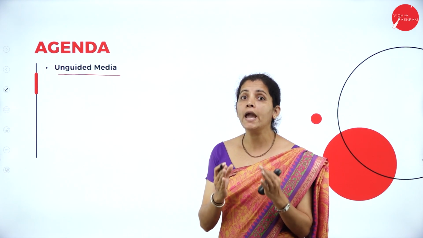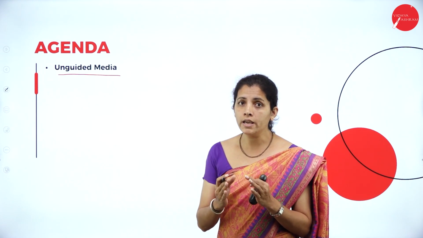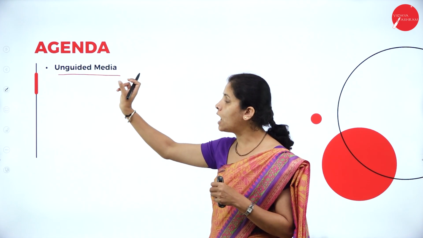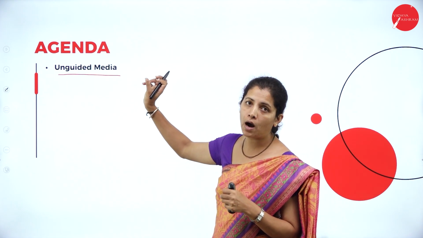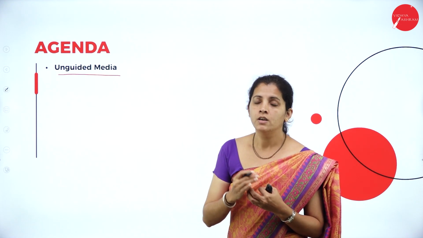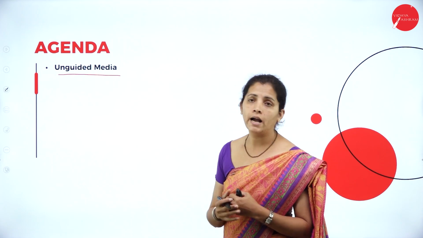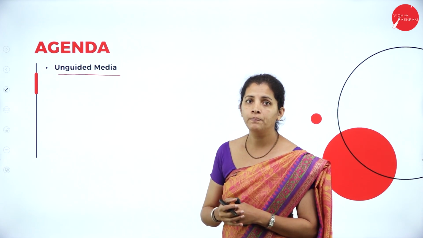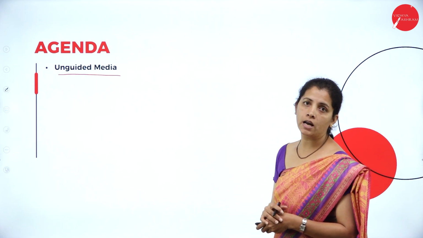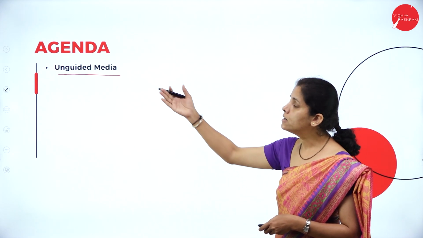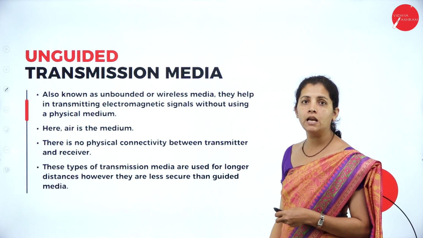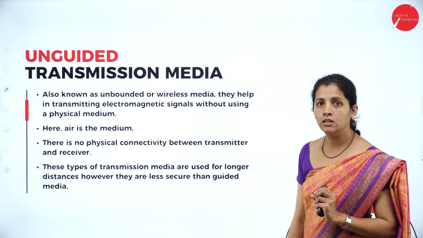Only through the air or through free space. For that reason, it is called unguided or unbounded. So, I am not going to have any restriction. Examples of unguided media are radio wave, microwave and infrared. So, dear students, in this session, I am going to deal with unguided media along with its types.